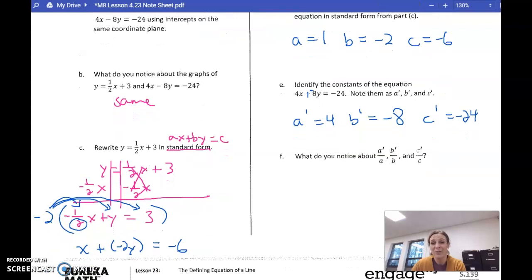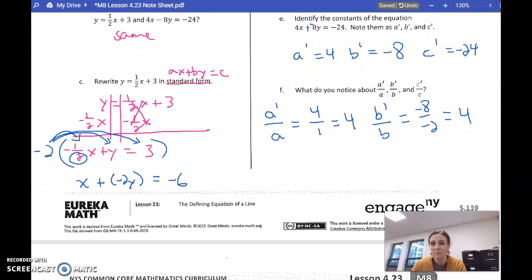So if we divide that out again, I won't go too fast here. A prime divided by A, which is 4 divided by 1, I get 4. If I do b prime divided by b, negative 8 divided by a negative 2, and a negative divided by a negative is a positive. 8 divided by 2 is 4.